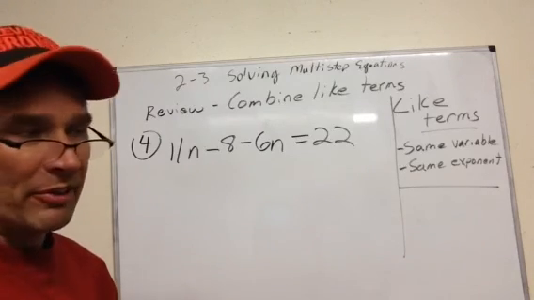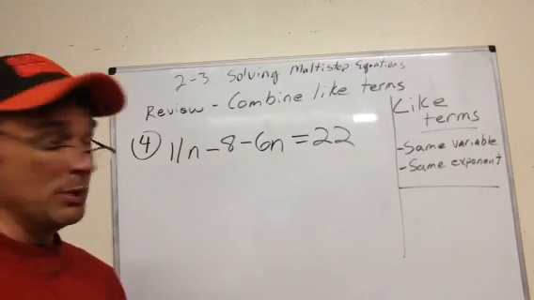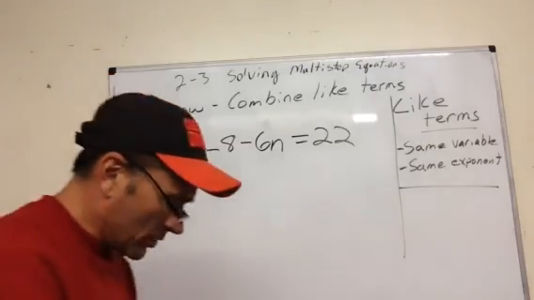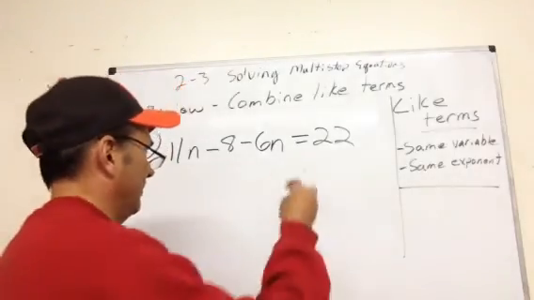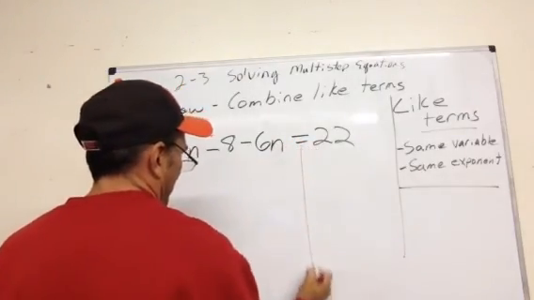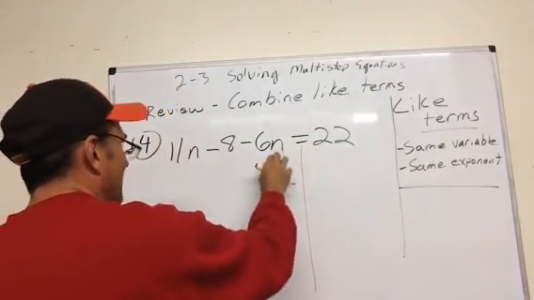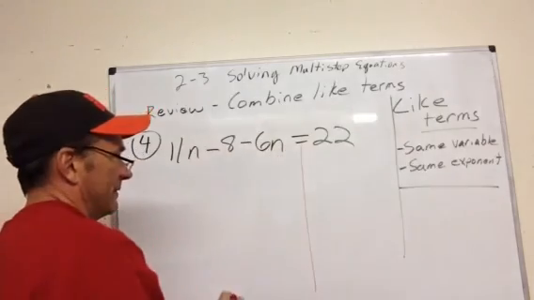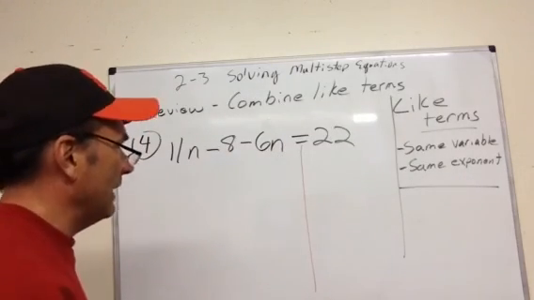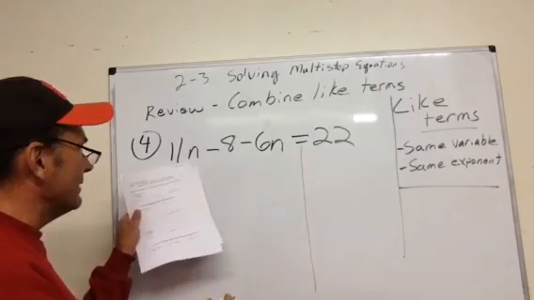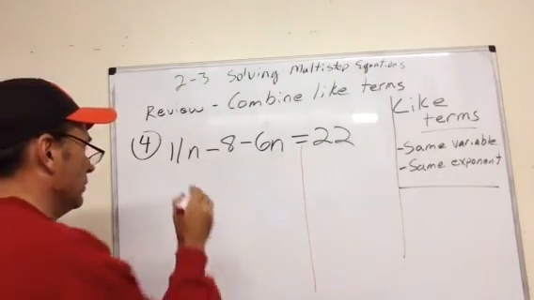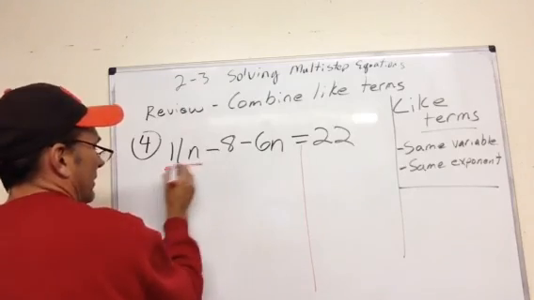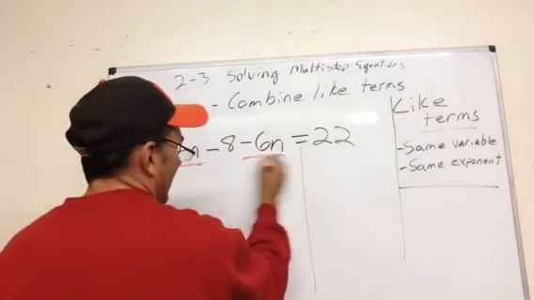Before we add opposites or multiply or divide like we've been doing in the past, we're going to draw that line down the middle of the equal sign. Now, I see my variables are on the left. As I'm looking at this, I see 3 terms here instead of just 2. But if you notice, that's an n and that's an n.